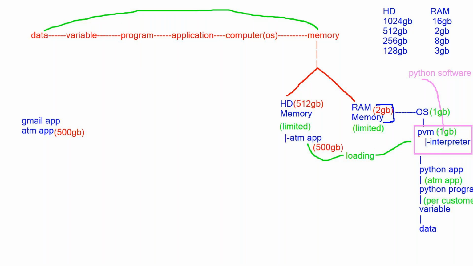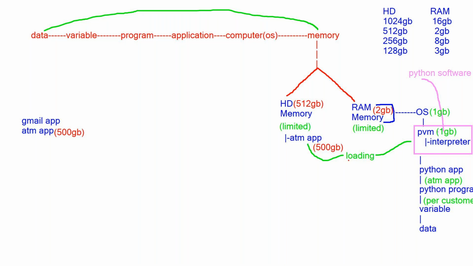So if it loads, what is the problem here? Who has to allocate memory for the loaded application? The Python virtual machine has to allocate memory. So whenever you request the Python virtual machine to execute the ATM application, it will try to load the application.